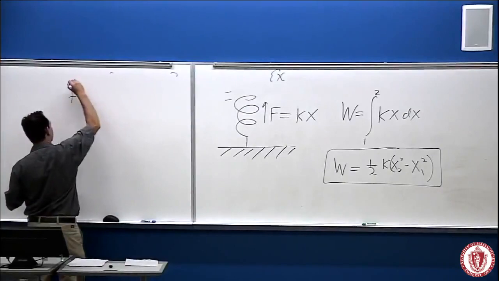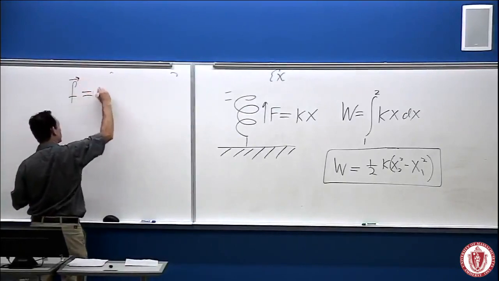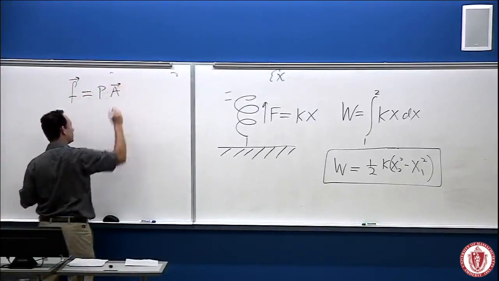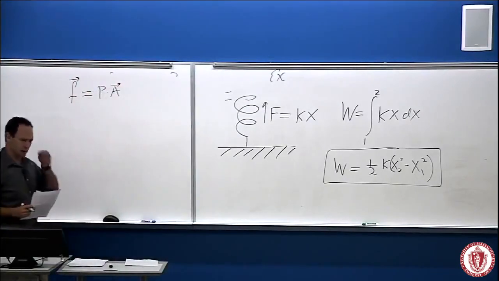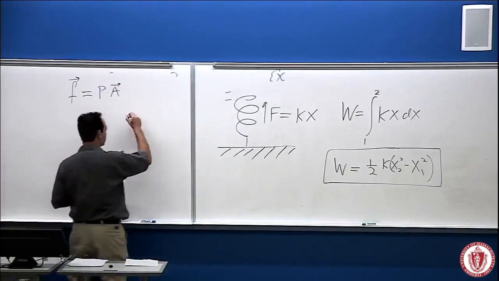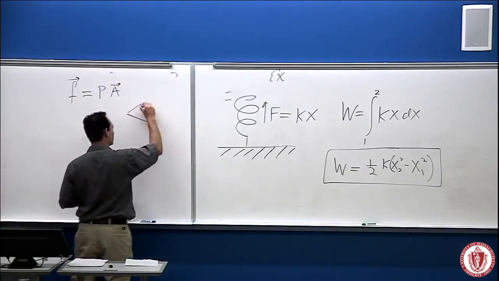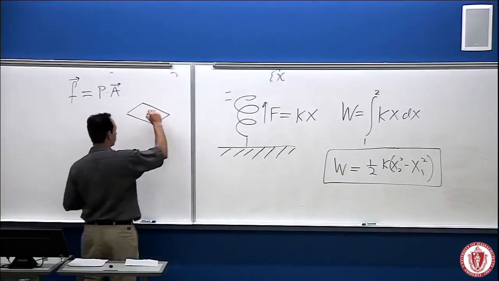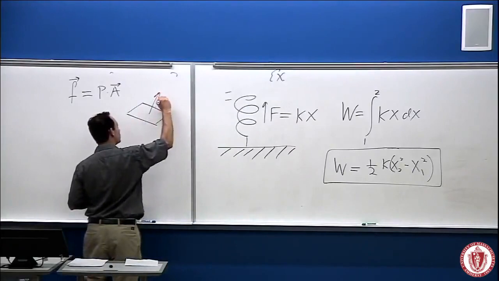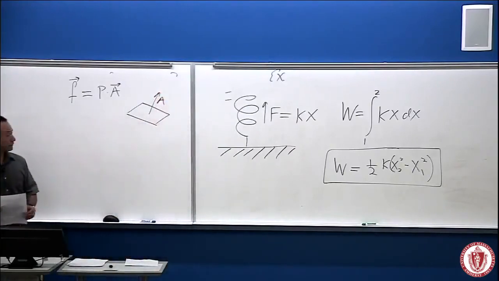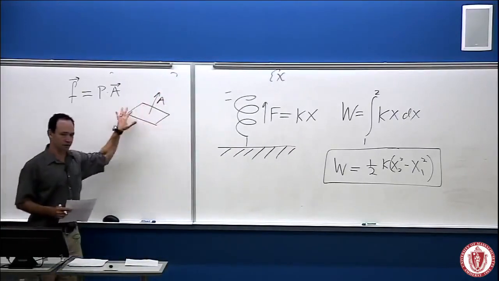Because a force is created when a pressure acts on an area. Now, you might wonder, why is area a vector? The concept just is, if I've got a planar area, here it's a rectangle, that area vector points out perpendicularly from our plane, and its magnitude is equal to the amount of surface area of our plane.